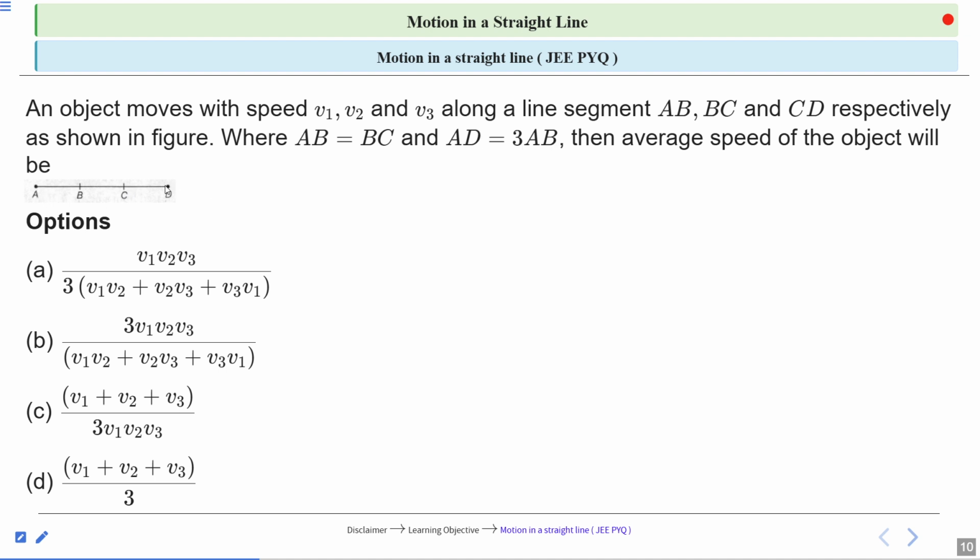This is the relation. Then the average speed of the object will be what? So in this question, you have to find out the average speed of the object. So which option is correct? Option A, option B, option C and option D. Think about it.